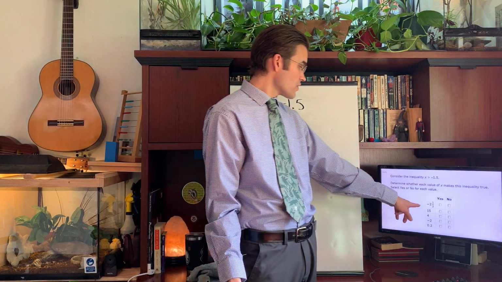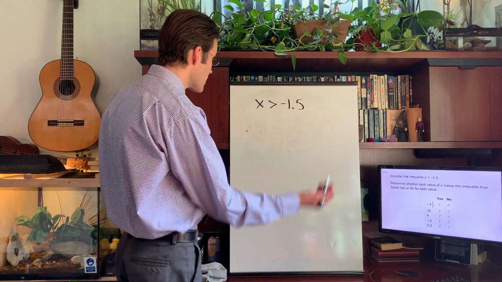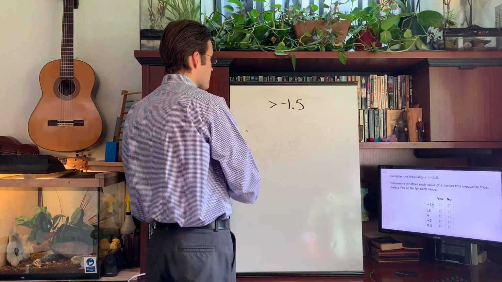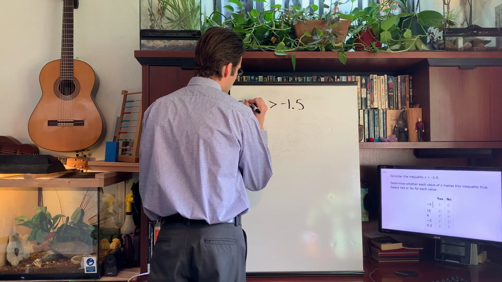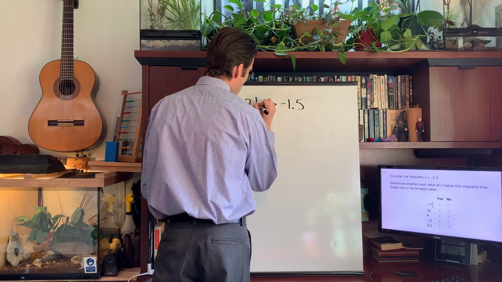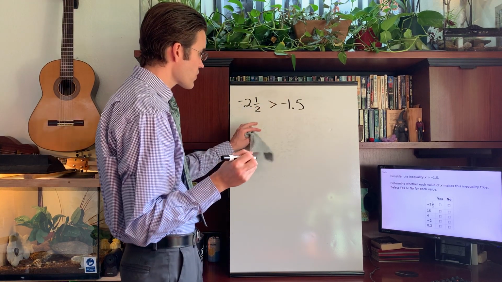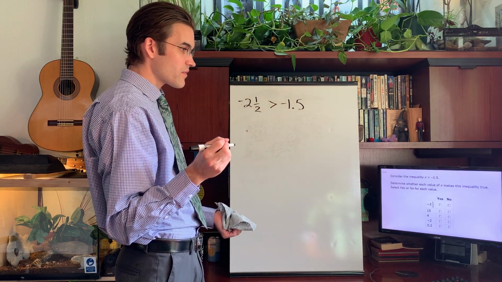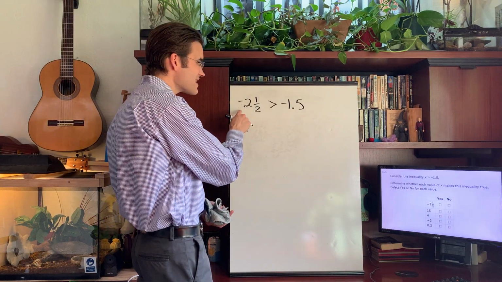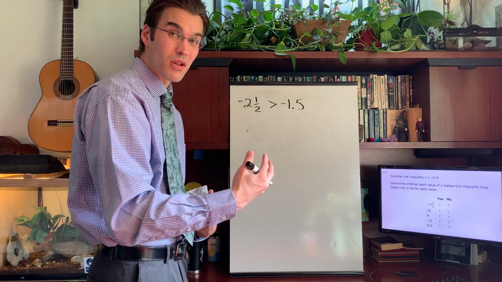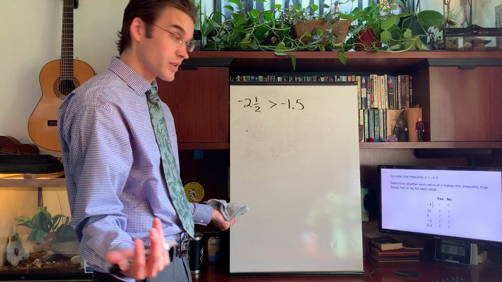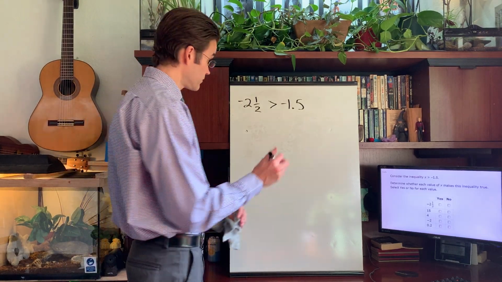Okay, so the first one is negative 2.5. So let's take a look at this. Is negative 2 and 1/2 greater than negative 1.5? Well, this is a negative number, so it's actually smaller, so it's not. Okay, so the first one is no.